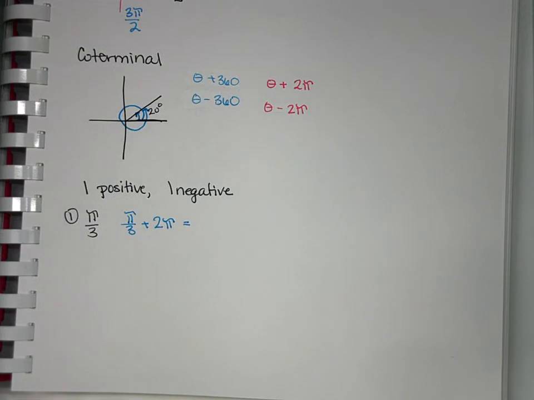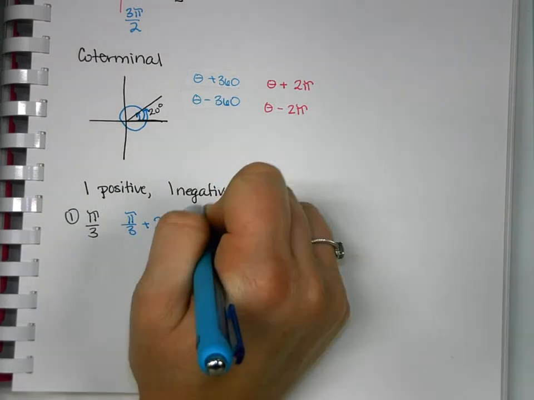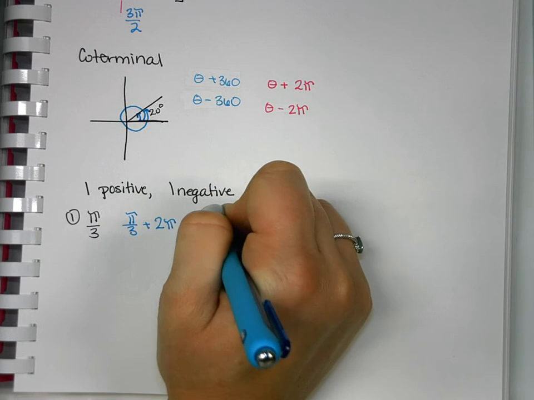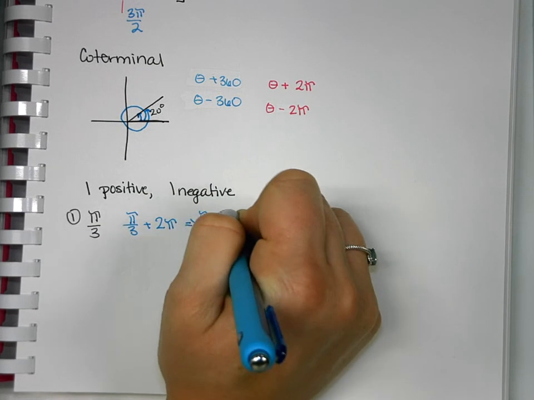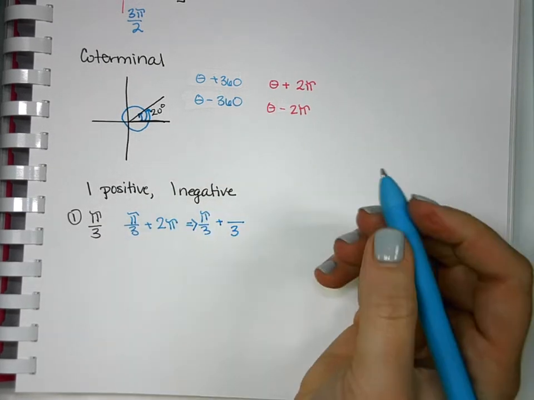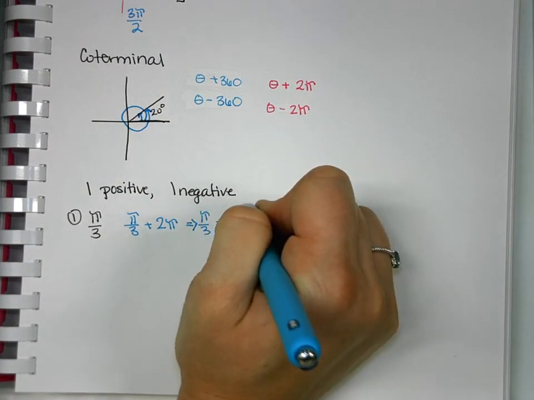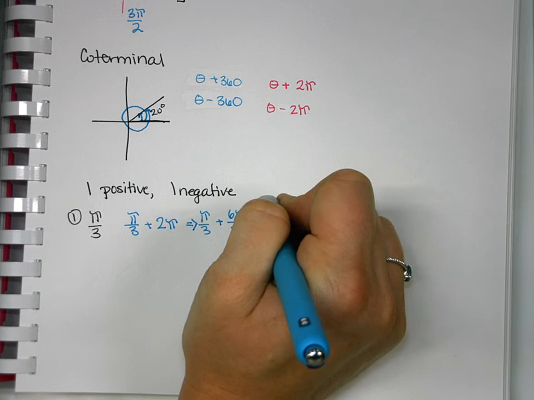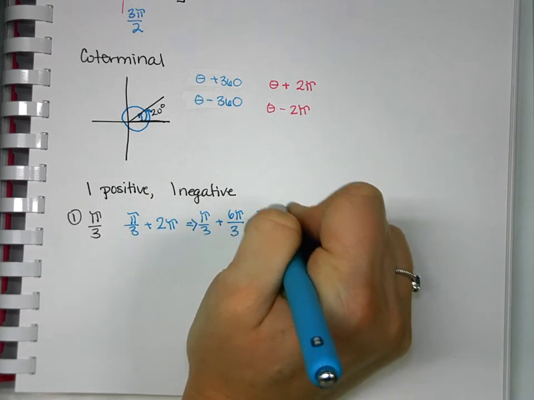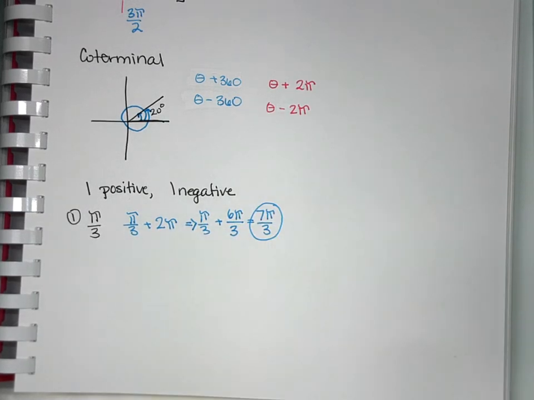So we have to remember our fractions. Pi over 3. Now 2 pi, if I need to get a denominator of 3, that means I had to multiply top and bottom by 3, making this 6 pi over 3. So I can add them together, and 7 pi over 3 would be my positive coterminal.